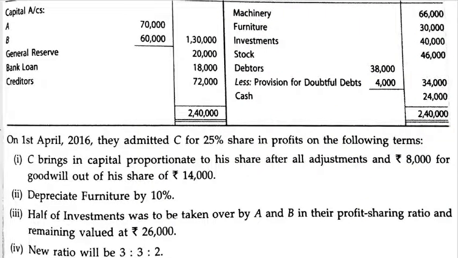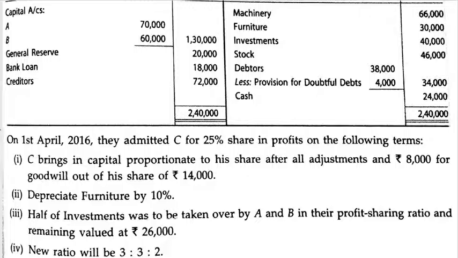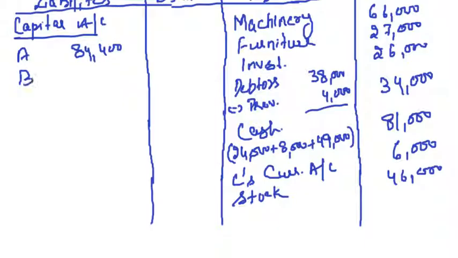Is there anything else? Yes, there is one item that we left, stock. Stock will appear as such at 46,000. Now the liability side. Capital accounts. Yes sir, we have the capital balances. A 84,400, B 62,600 and C 49,000.